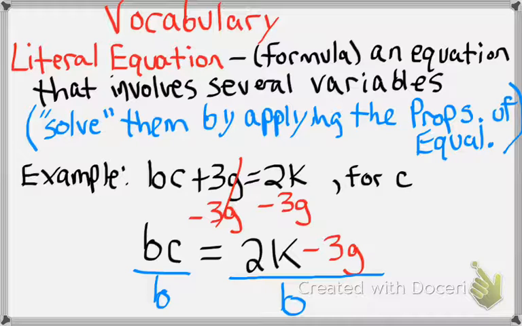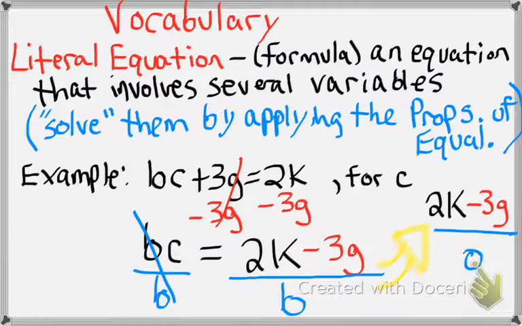So we have to divide everything by B. They cancel on the left side, and you're going to be left with 2K minus 3G, and you're going to divide all of that by B.